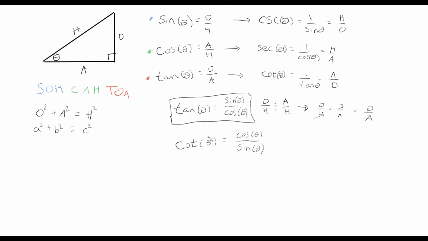Okay, so now that we have those in our pocket, let's look at some Pythagorean identities. We're going to go beyond just a squared plus b squared equals c squared and look at some other ones.